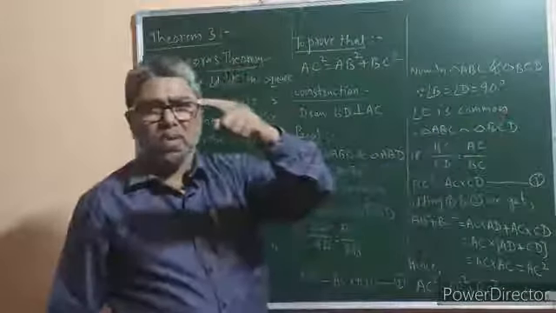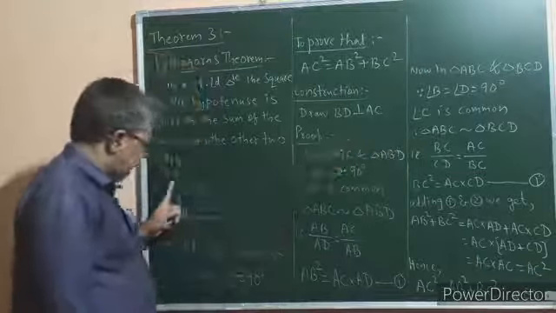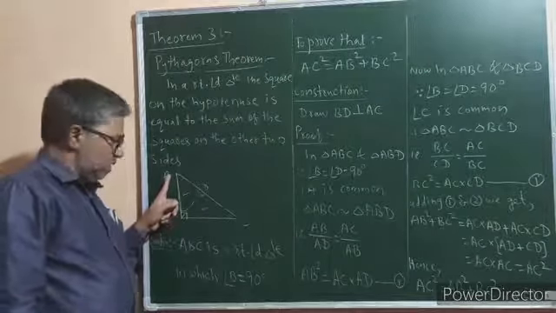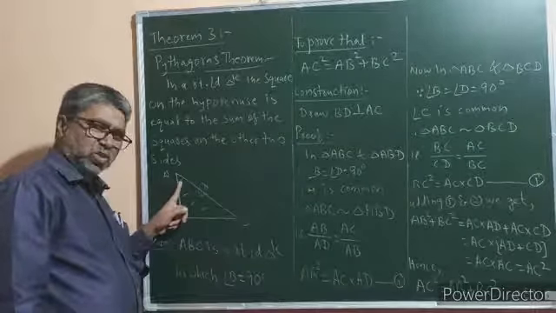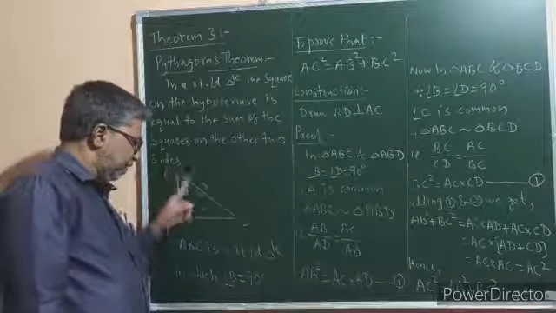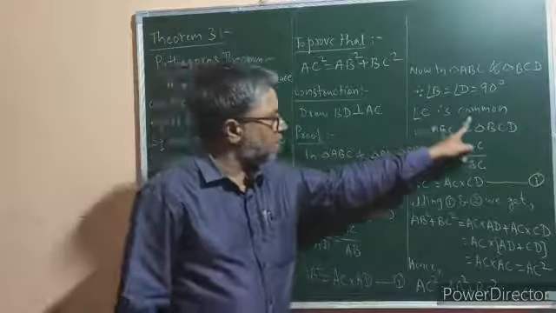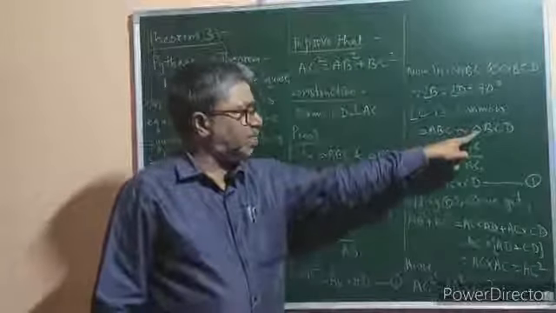This is also from data and construction. In the previous figure, triangle ABD, angle A was common, but here in triangle ABC and triangle BDC, angle C is common. Therefore triangle ABC is similar to triangle BCD.